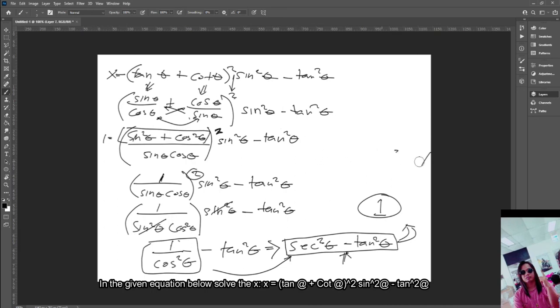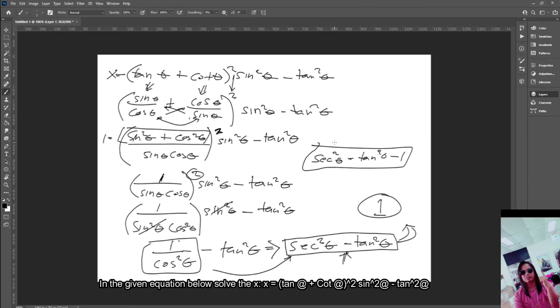Let's actually write it down correctly. So the identity is secant squared equals tangent squared plus 1. So this is the identity.